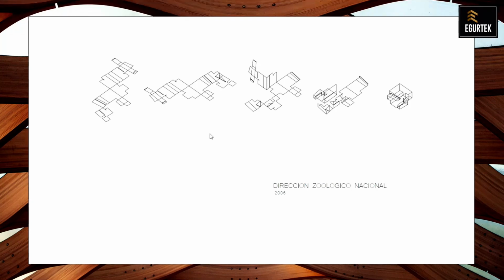The second project was the National Zoo in 2006. In this project, there's an academic exercise. Our second timber project, in the first one, we had to think about material efficiency.